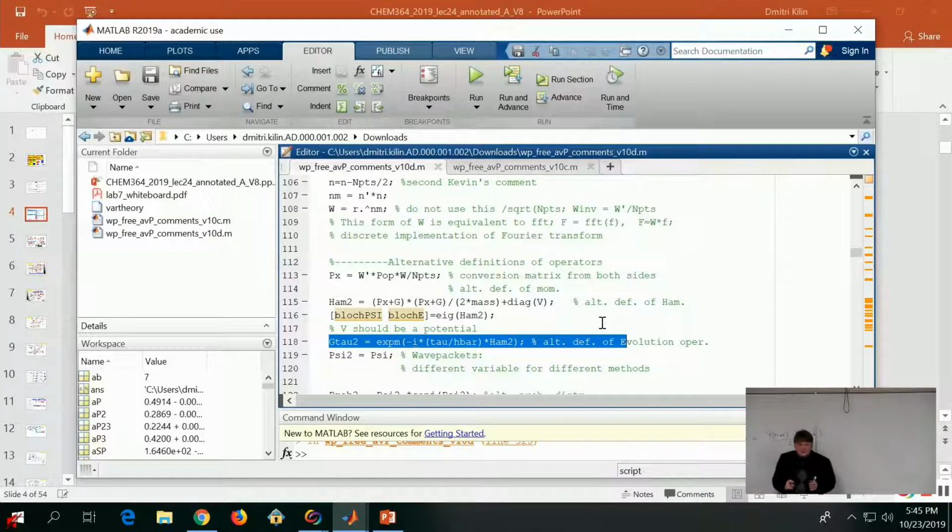From the definition, you know that if the curve has a curvature, the derivative will be different in different points of space, right? Therefore, it is very reasonable for me to define psi prime of x minus delta x, as psi of x minus 2 delta x minus psi of x, right?